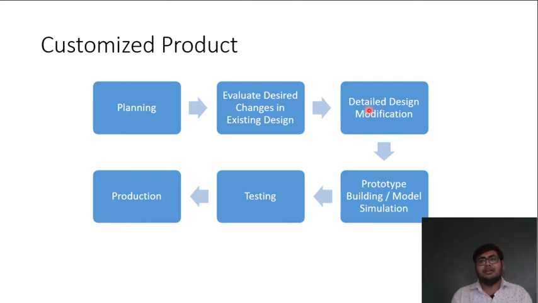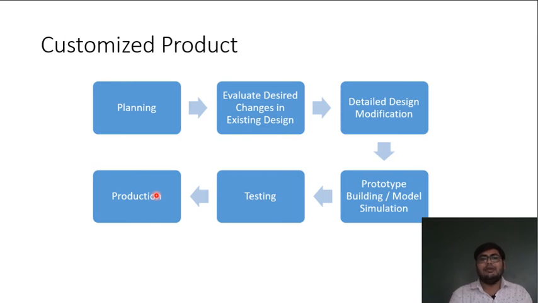Then detailed design modification will be done, in which we change material, change some dimensions if required, etc. Then after that we build a prototype or we do model simulation. Mostly we do model simulation because prototype building will be very costly for a customized product. And after model simulation we do testing, and if it seems okay, then we go for production.